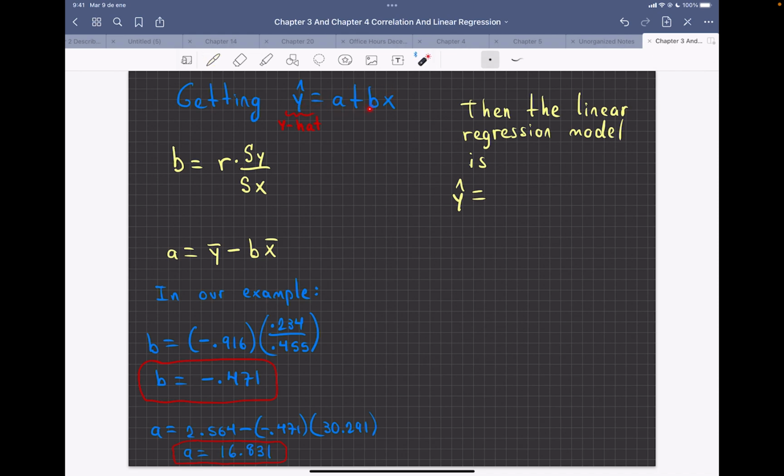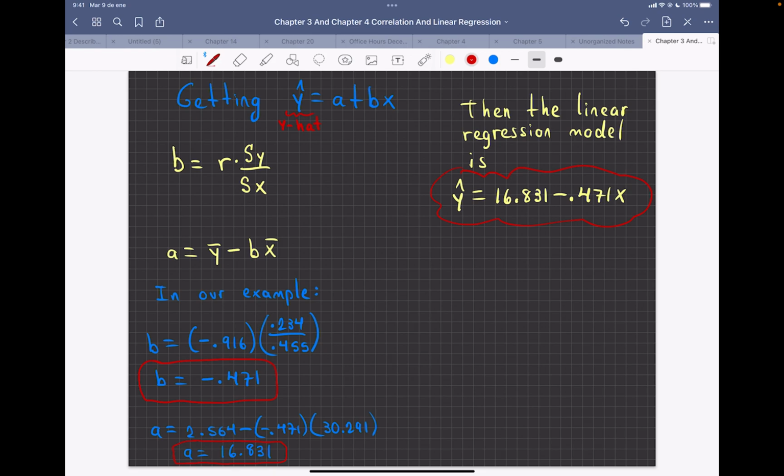Only write down the equation with the obtained values for A and for B: y hat equals 16.831 minus 0.471x. That okay? And now you can use this to predict values.